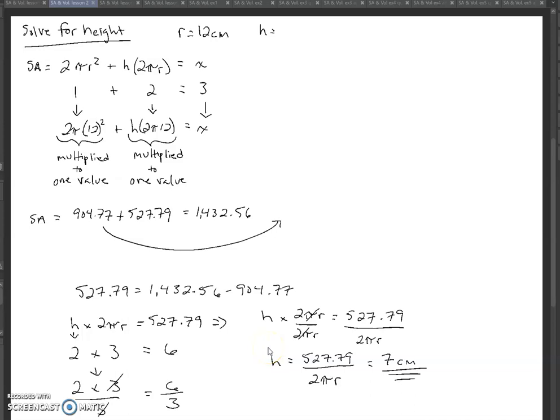So if the height times 2 pi r equals 527, and we want to get the height by itself, we just do the same thing, divide by 2 pi r, divide by 2 pi r. So the height equals 527 divided by 2 pi r, which equals 7 centimeters.